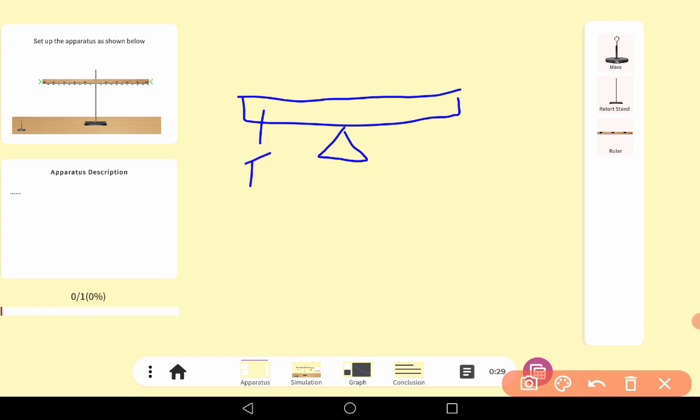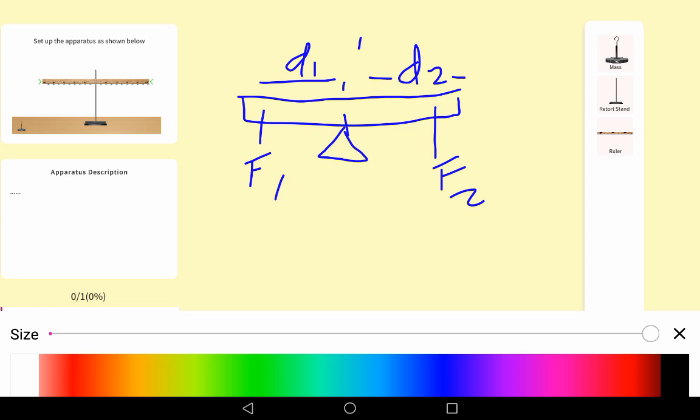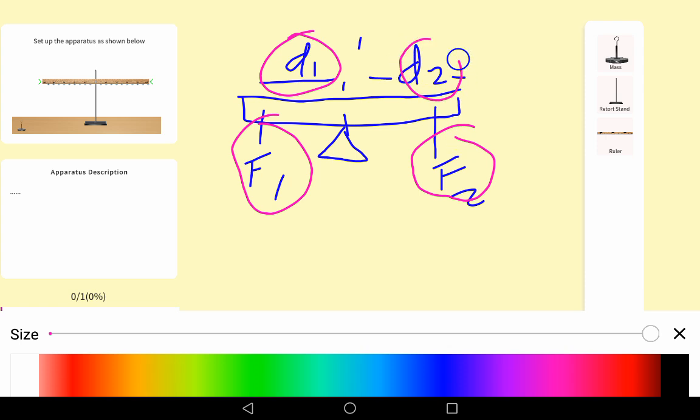If you apply a force F1 at a distance D1, and another force F2 at a distance D2, what the law of moments says is that when you multiply this distance by this force, this should be equal to this force times this distance.